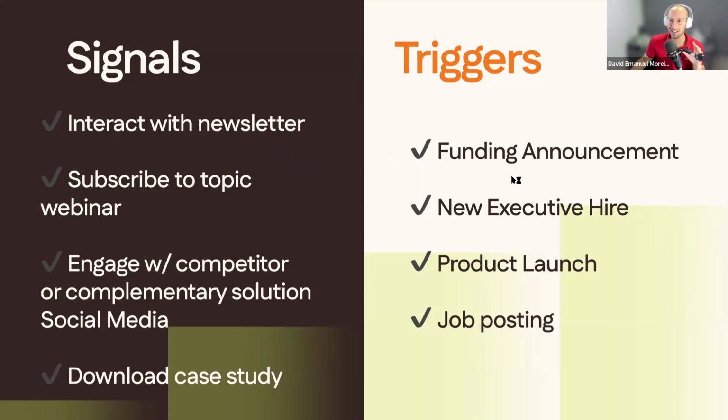So the idea here is that you can try to understand the insights of your industry and your sales process to be able to create a workflow that is relevant for you. Other examples can be engaging with your competitor's or a complementary solution's social media.